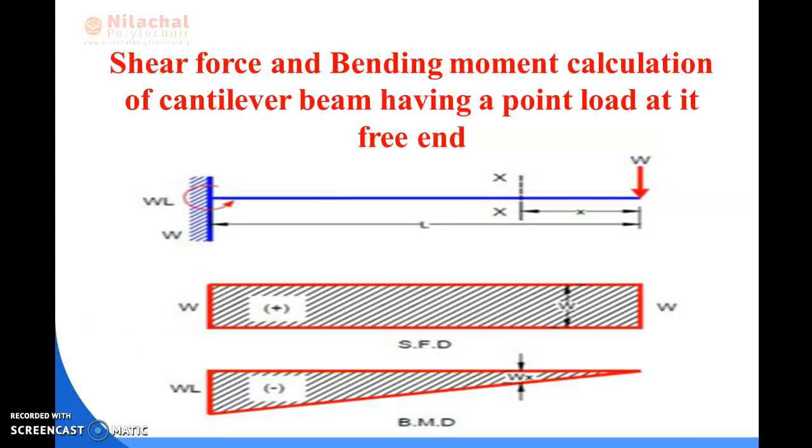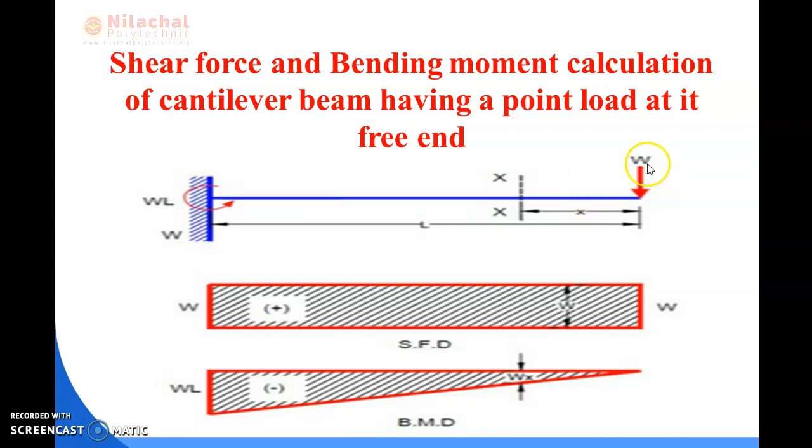So the first case is the distance from the free end to the cut section. Now you know that moment equals force into distance. So we have a force of W kilonewton and the distance is X. What will be the bending moment value?